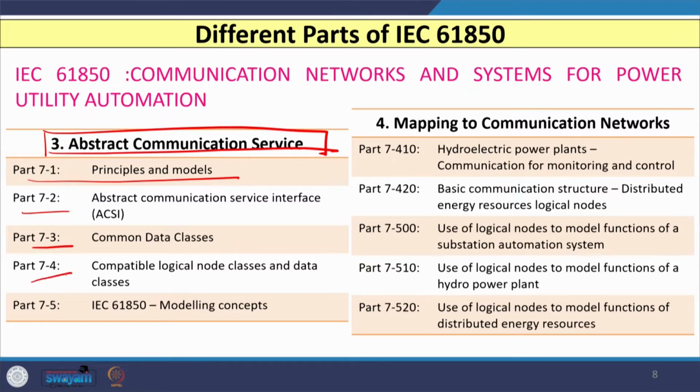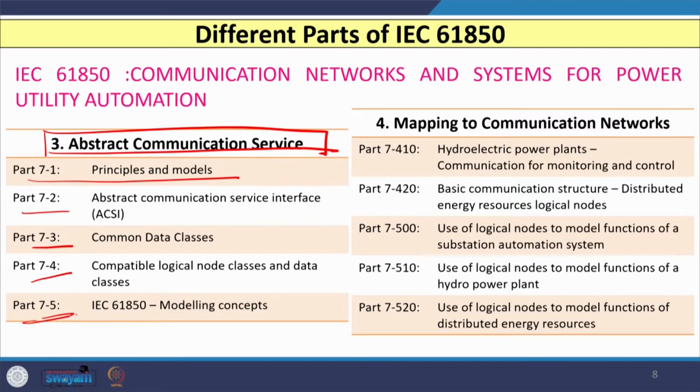In part 7-4, compatible logical node classes and data classes are defined, that is, how we can define logical nodes and data classes, and how one logical node will communicate with other logical nodes. In part 7-5, the IEC 61850 modeling concept is mentioned. These are the conventional parts 7-1 to 7-5 covered in the abstract communication service part.